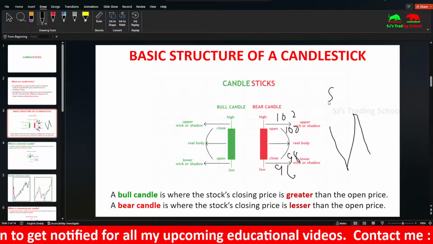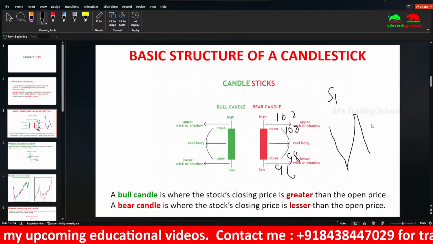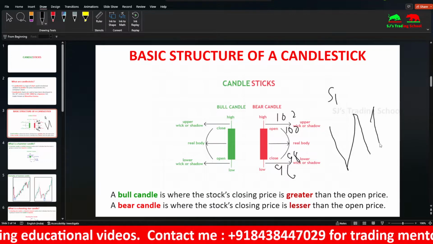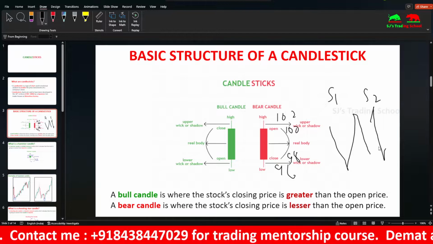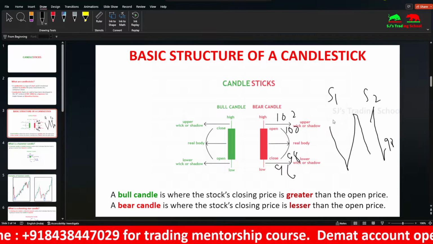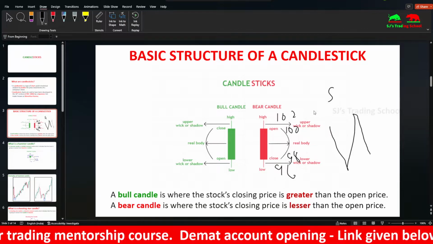This is scenario 1. In scenario 2, the stock price opens here, goes to the high, goes to the low, and then comes back to close here. In both scenarios, it closes at 98 rupees, but there is a variation. So there are two cases that might happen.